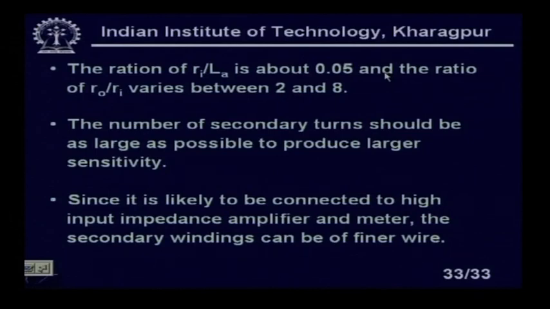The number of secondary turns should be as large as possible to produce larger sensitivity, and since it is likely to be connected to a high input impedance amplifier and meter, the secondary windings can be of finer wire.